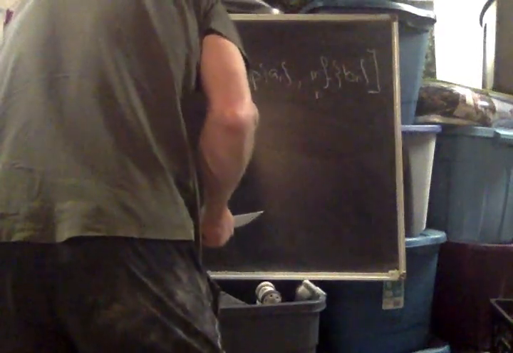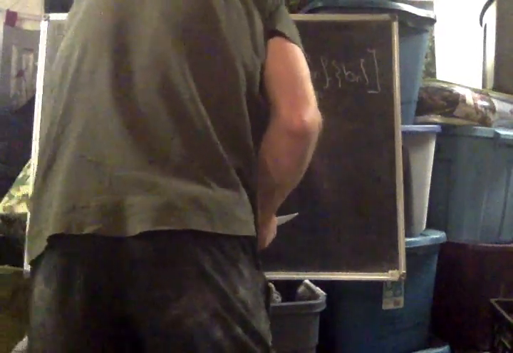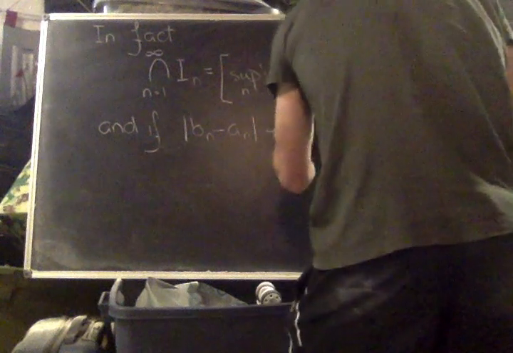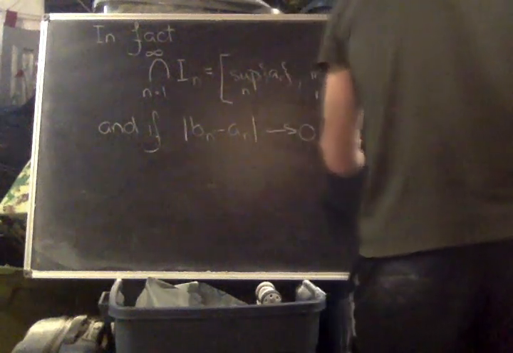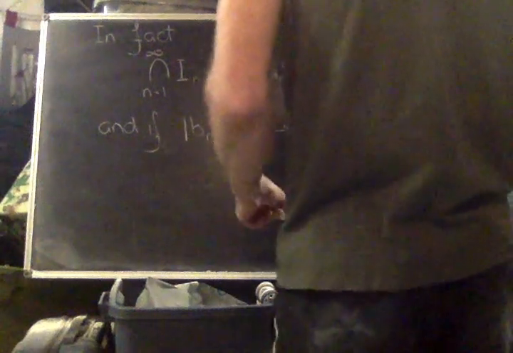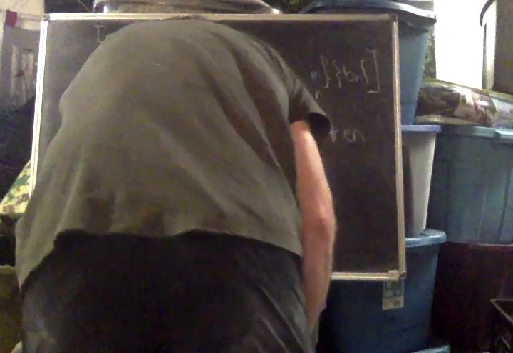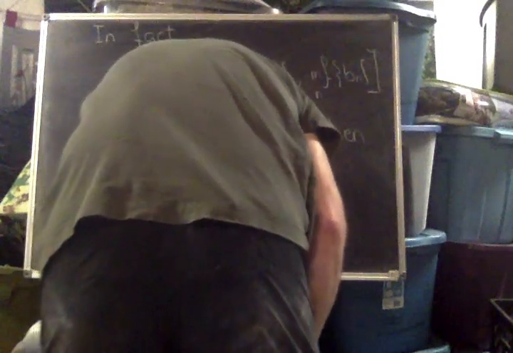And finally, if the length of these intervals is going to 0, then of course the intersection from n equals 1 to infinity of the I sub n's is equal to just a single point.